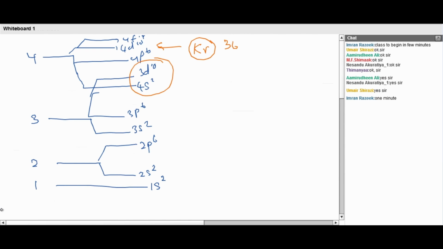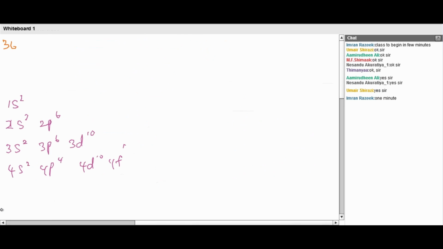Of course, we don't need to know all the overlappings, but just to explain how it is determined, what you should do is write the order: 1s, 2s, 2p. Then you have 3s, 3p, 3d, and then 4s, 4p, 4d, and 4f14.